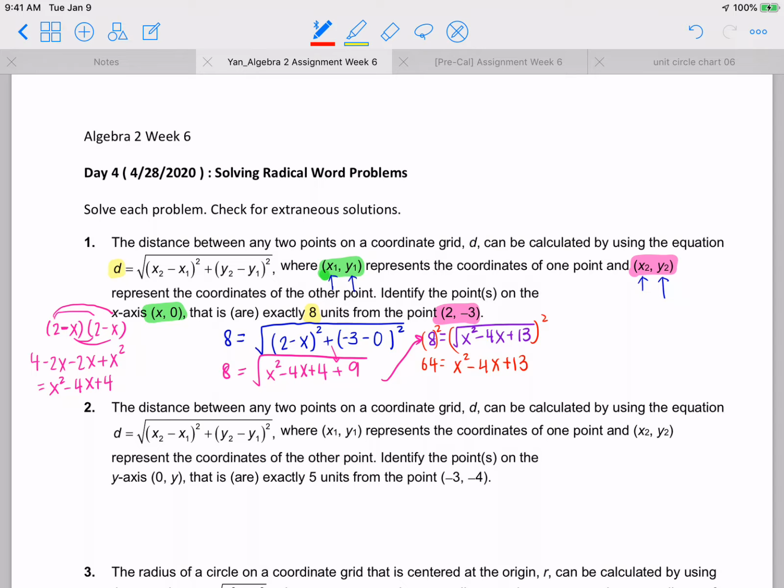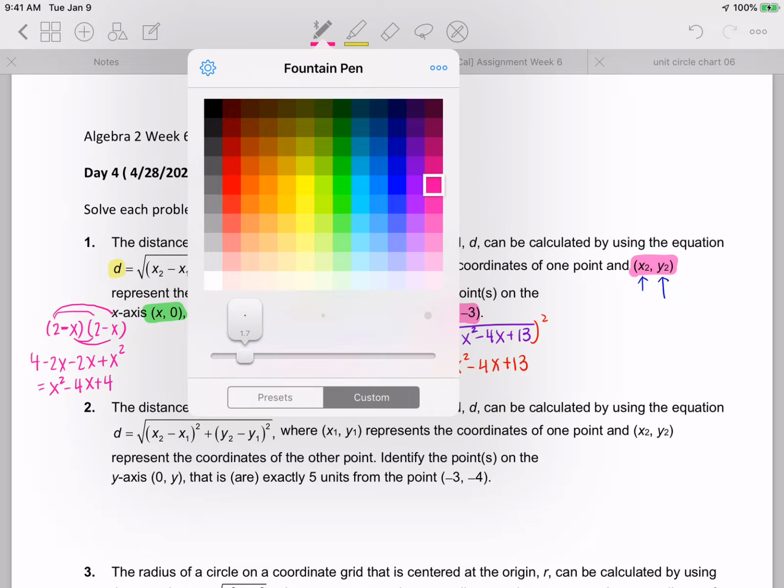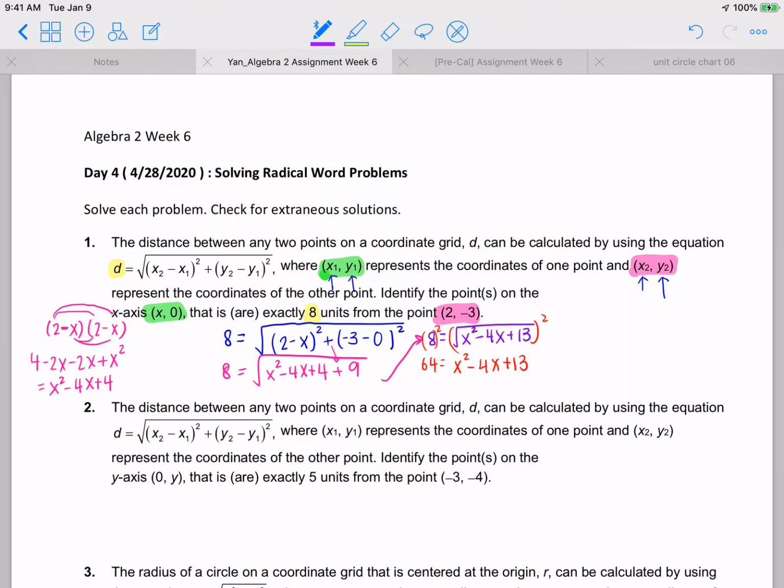Okay. Because we have a trinomial, we have to subtract 64 from both sides so we can set one side equal to 0. So I have x squared minus 4x minus 51 equal to 0. Okay.